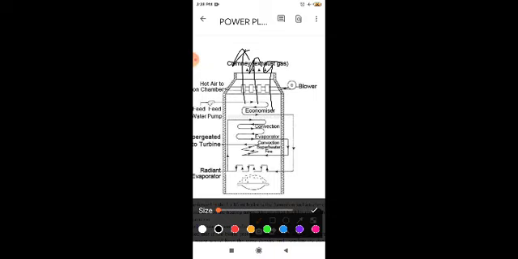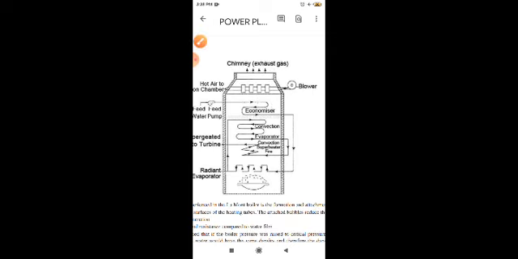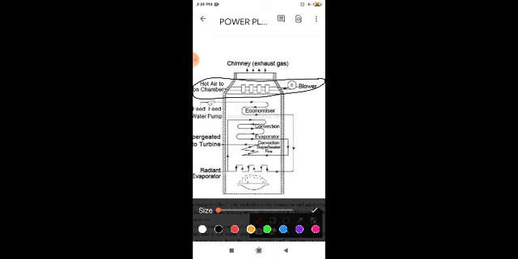Then you have also seen, or you might be seeing, this arrangement in which they have provided a blower or a fan, which is blowing air in. This blower takes atmospheric temperature air, raises its temperature, and then this hot air is fed to the combustion chamber.